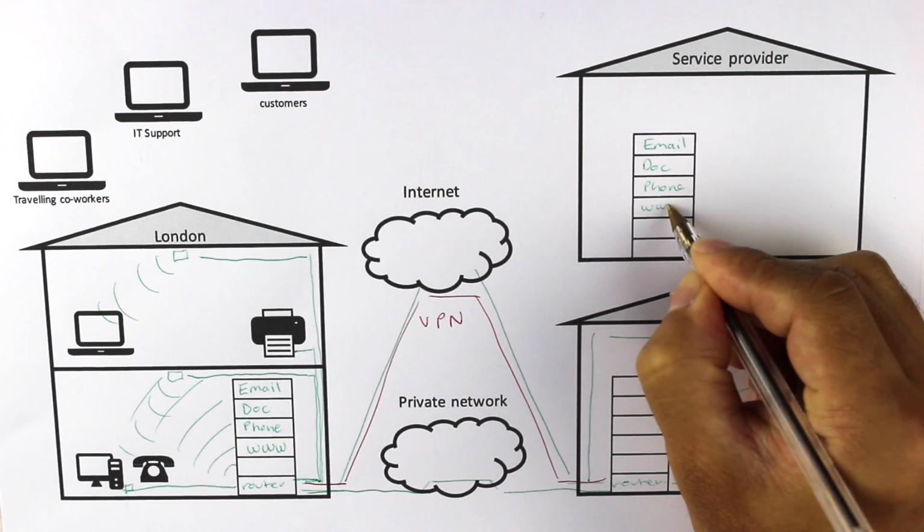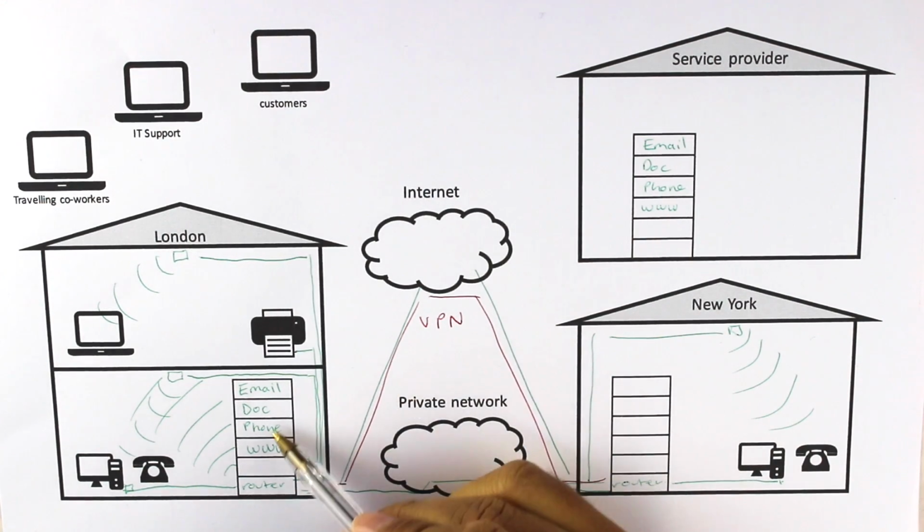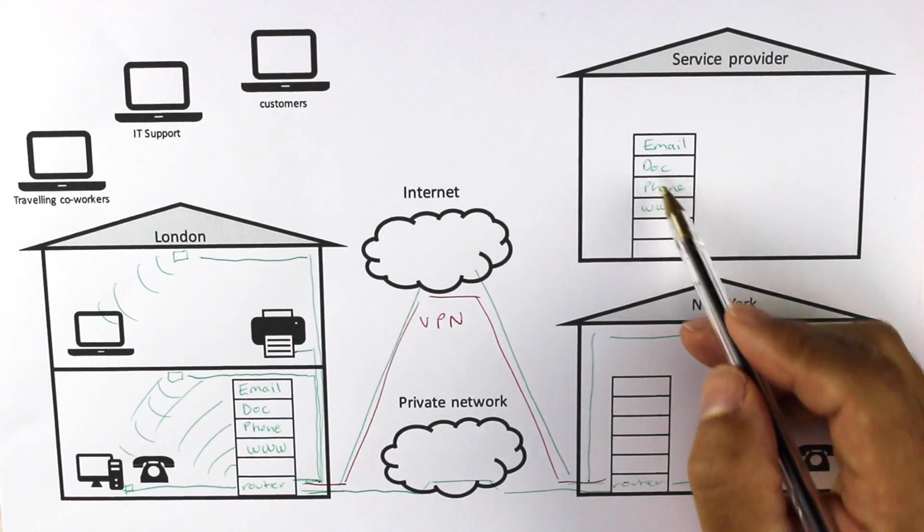Now, there's a few things to consider as to whether I host these myself or get a service provider to use those. I'm going to go through those in detail in future videos, but I'll just give one example.